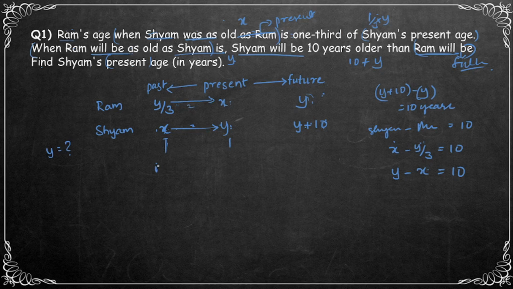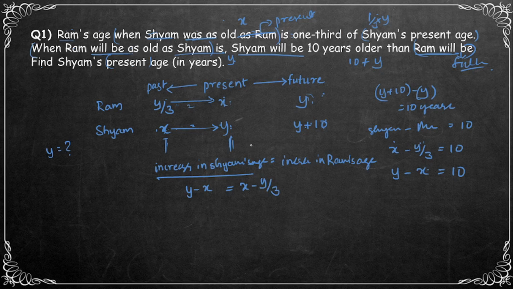That means increase in Shyam's age is equal to increase in Ram's age. Now increase in Shyam's age is this event minus this event. So that is Y minus X is equal to increase in Ram's age, which is X minus Y/3. So that is 1.